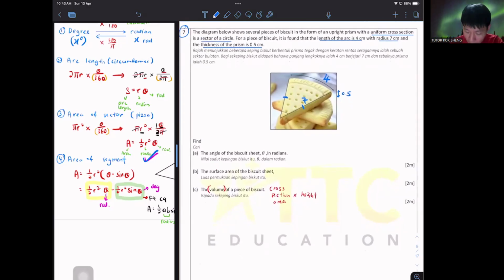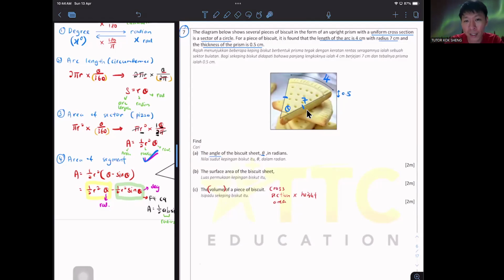Okay, we can start at A now. Not too hard. Find the angle of the biscuit, theta, in radians. So follow back the numbers that you have. The only number to apply the formula to is the 4 cm, the length of arc.